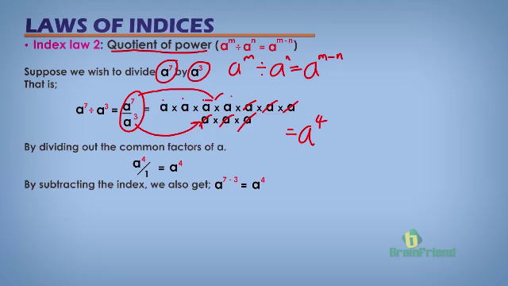Quite interesting. But let's see another interesting concept. If we simply took our powers here as 7 and we subtracted 3, which is our other power, we'll also come up with 4. So a raised to power 7 divided by a raised to power 3 will simply become a raised to power 4, which is of course the same value we have here.